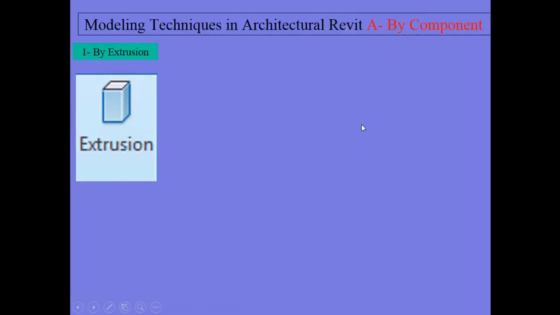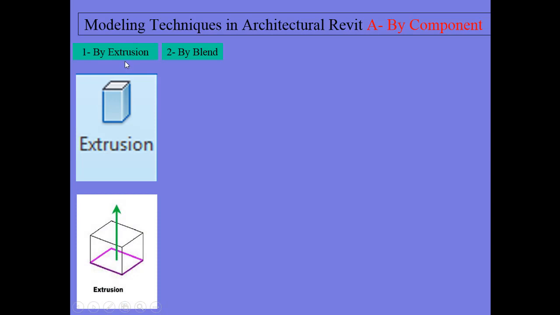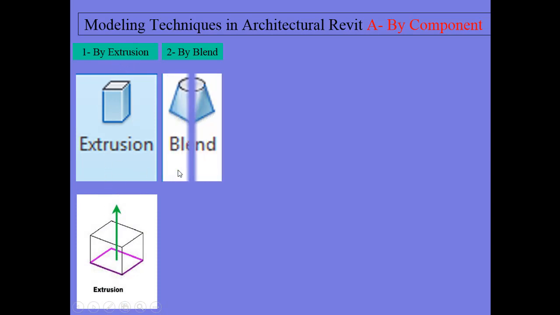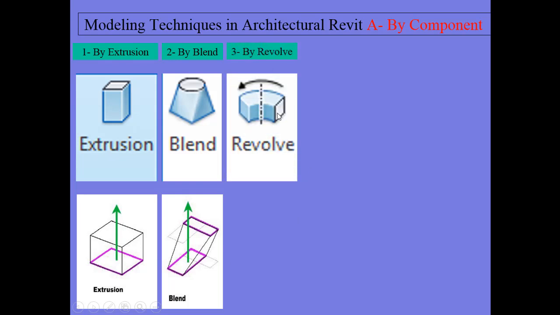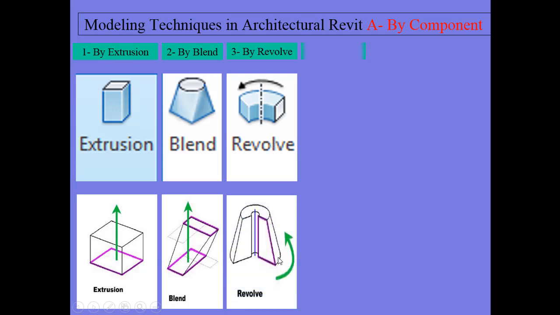And by component today, inshallah, we will focus on extrusion, how to make extrusion and how to use it in architecture, and blend. Okay, this is blend. By revolve, we draw a cross section and revolve it around an axis like this.